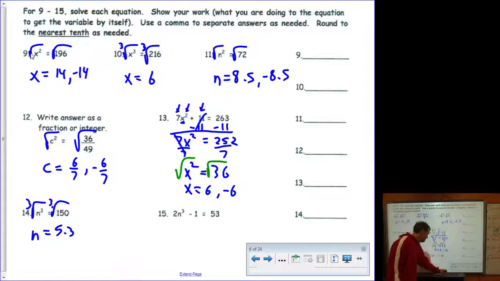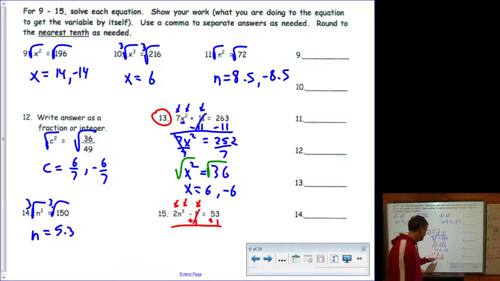Last up, number 15. It's very much like number 13 was above it. You've got 3 numbers to get rid of, and you've got to get rid of them in the correct order. Right? The correct order means the opposite order of operations, not PEMDAS, SADMEP. So you get rid of the subtraction first by adding 1 to both sides.